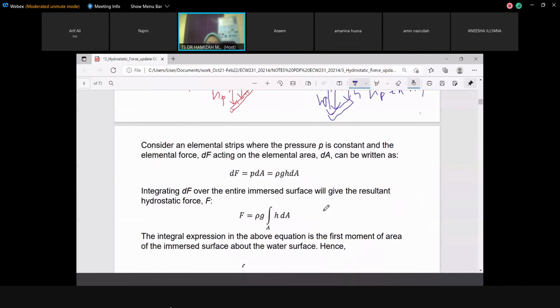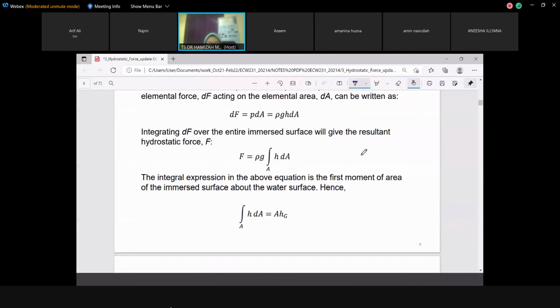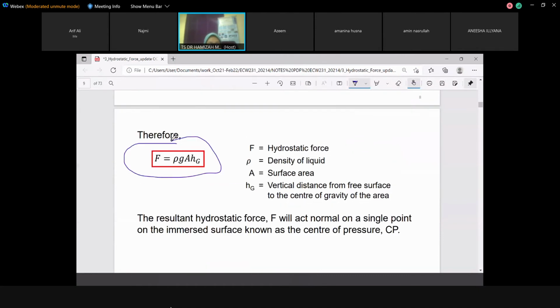Okay, so this is the derivation of the formula. We need to integrate the resultant force, and this is the formula you might use for pressure related to force for inclined and plane surfaces.